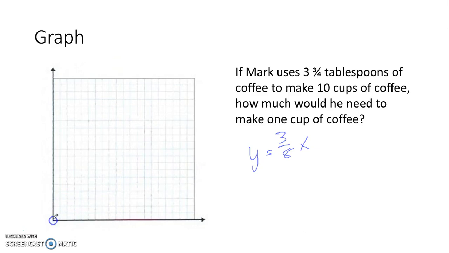No, my pen's not working, but anyways, to label the graph, it's the same thing we've been working on. Our x-axis is cups of coffee. Our y-axis is tablespoons of coffee. You want to go 1 through 10 to label it, so label your axis 1, 2, 3, 4, 5, 6, 7, 8, 9, 10.